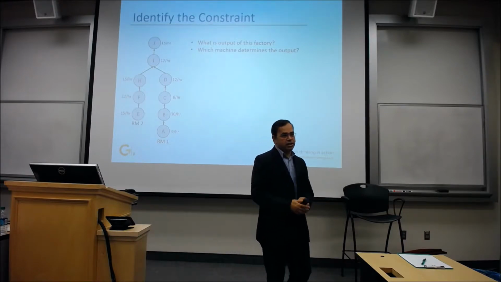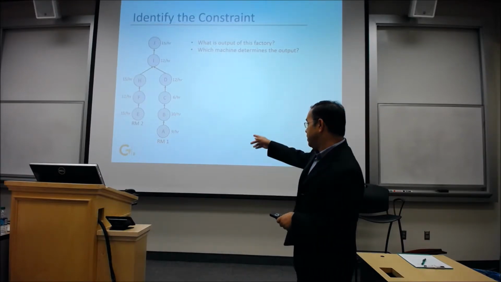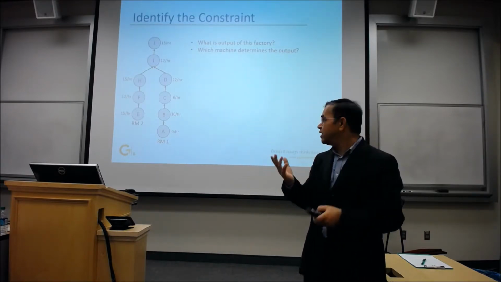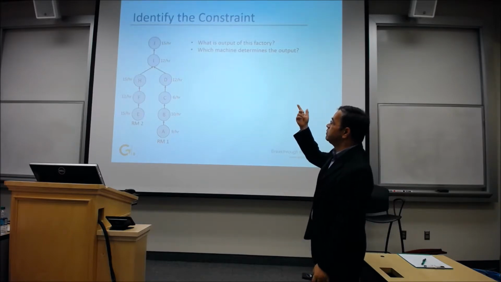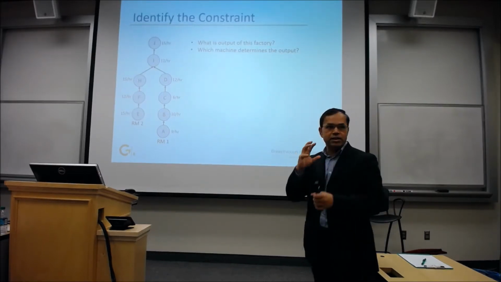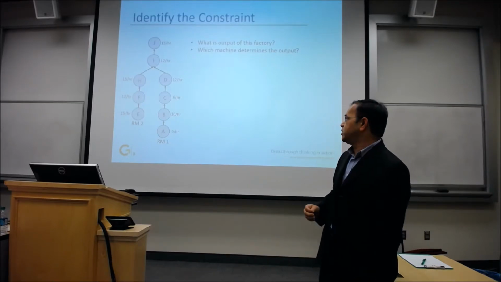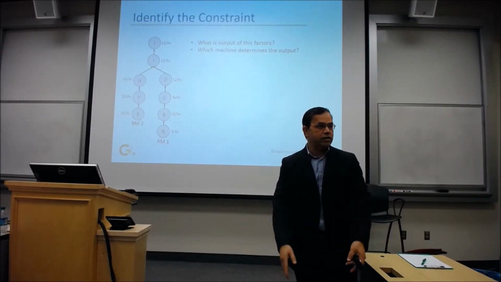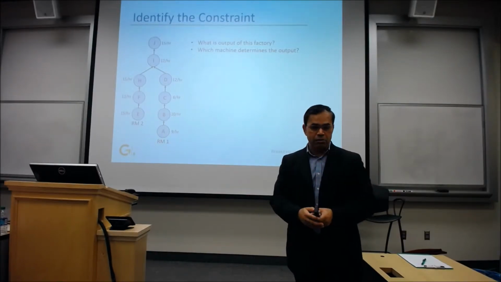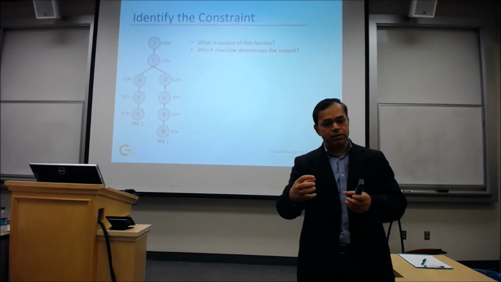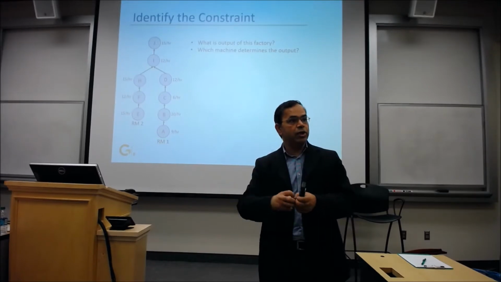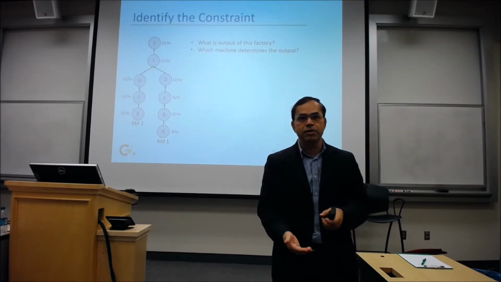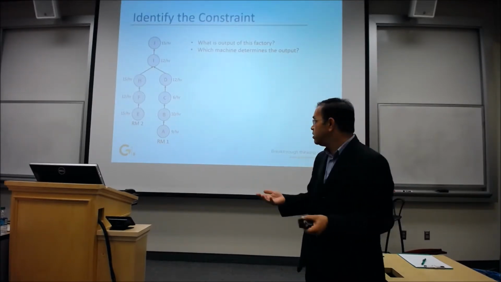B can produce 10 widgets, then 6 and 12 and 12 and 15. This is the rate at which each workstation can produce. It could be synonymous with machines on a manufacturing floor. It could be projects in different departments doing different tasks, and this is the rate at which they can produce. This is their capacity in some sense.